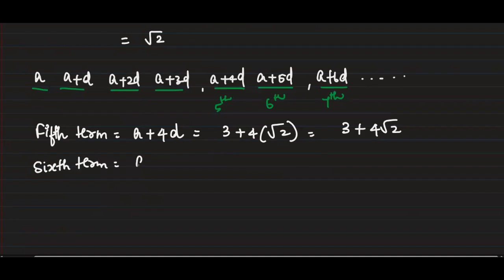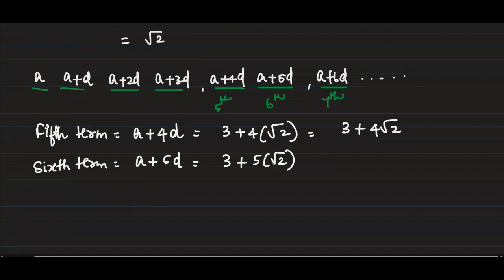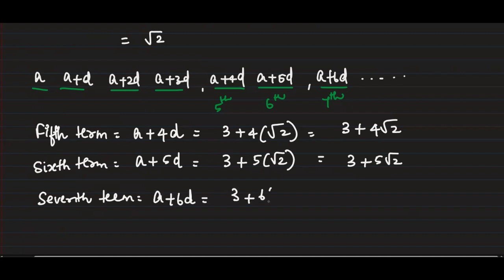The sixth term is A plus 5D, which is 3 plus 5 root 2. Now the seventh term is A plus 6D, which is 3 plus 6 root 2.